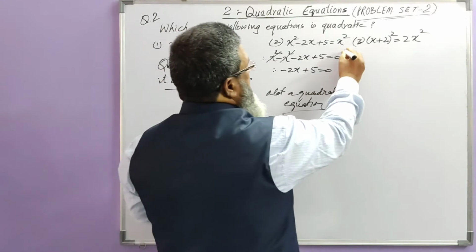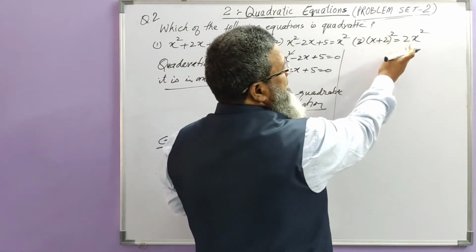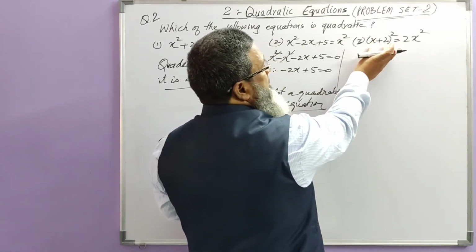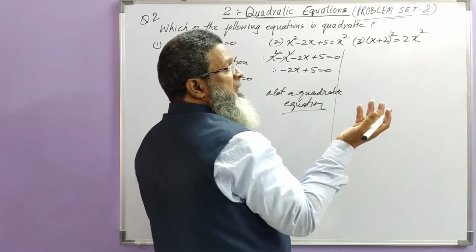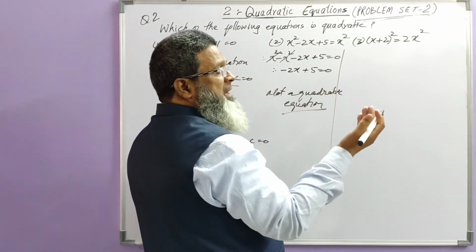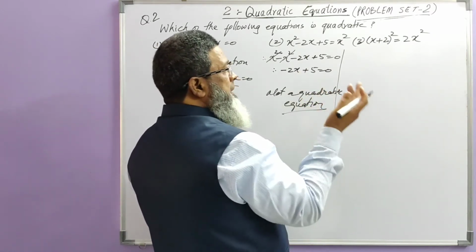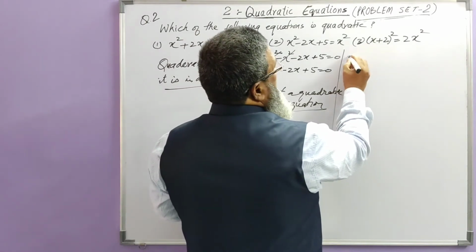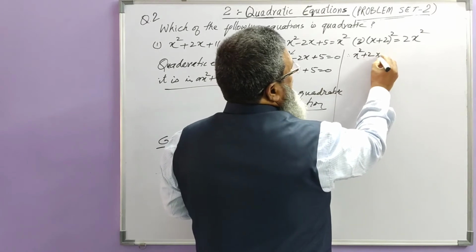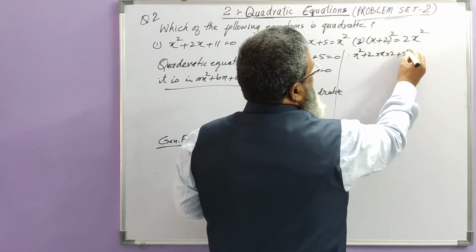See here in example number 3, x plus 2 whole square is equal to 2x square. It is in the form of the whole square formula. What is the whole square formula? a plus b whole square, or x plus y whole square, is equal to x square plus 2xy plus y square, means square of first element plus 2 into first element into second element plus square of second element.